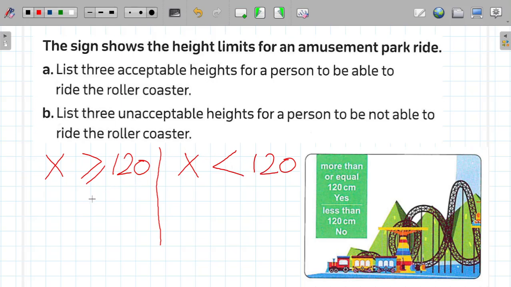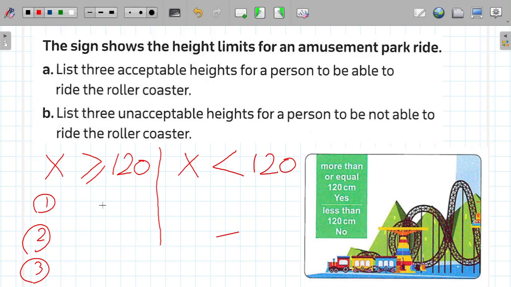Okay, so I want 3 values here and I want 3 values here. So the first one, the second one, the third one. I know that I have an infinity number of acceptable heights and I have an infinity number of unacceptable heights for a person.